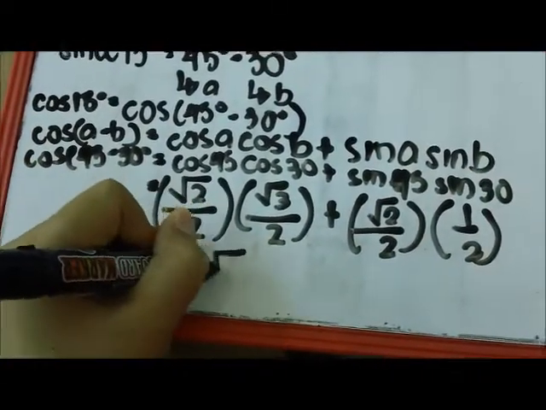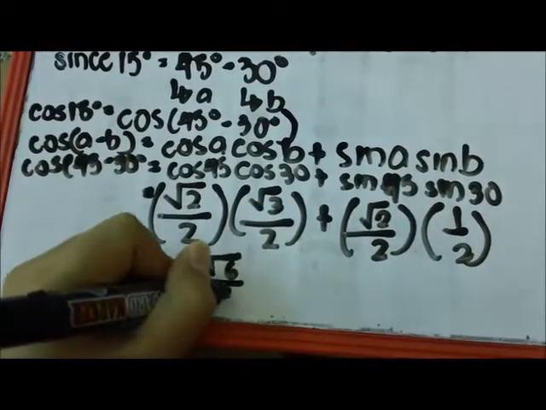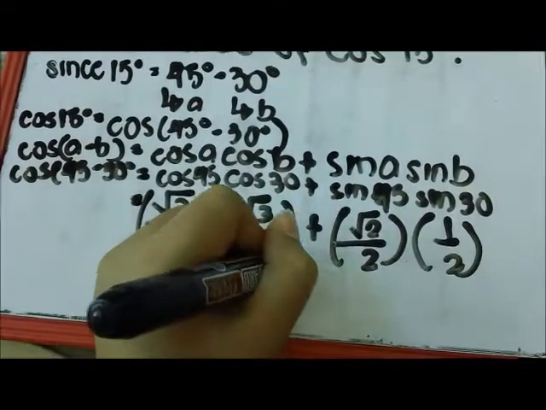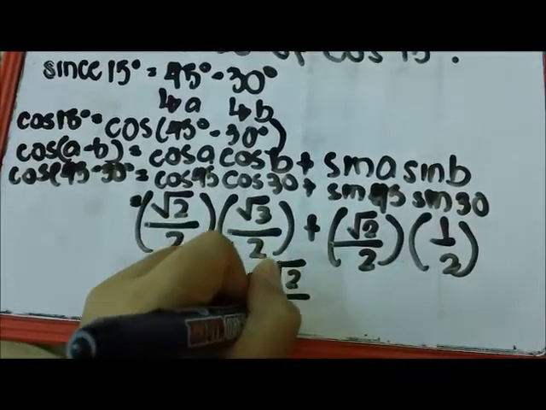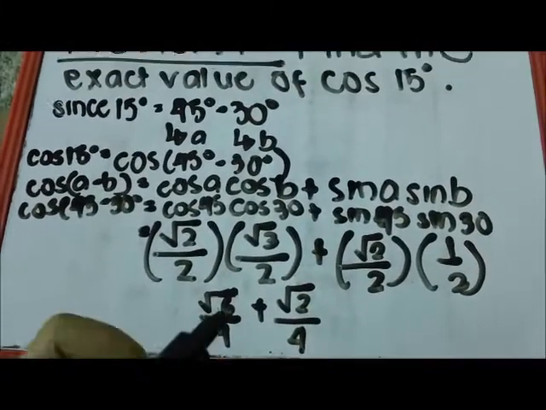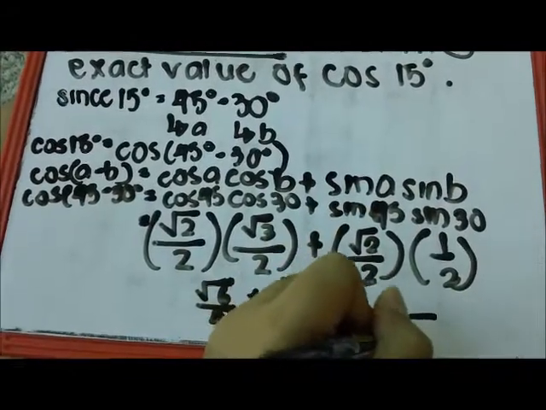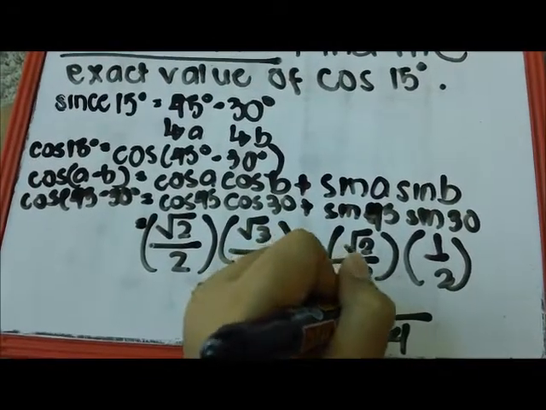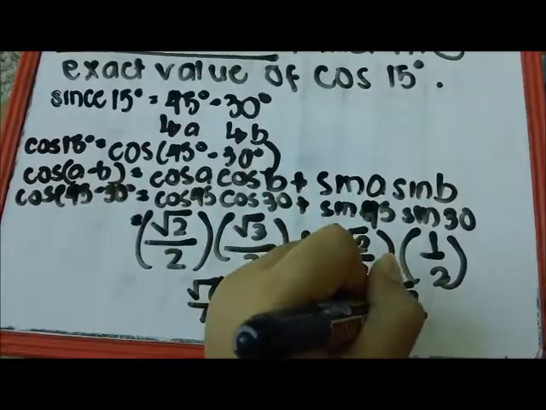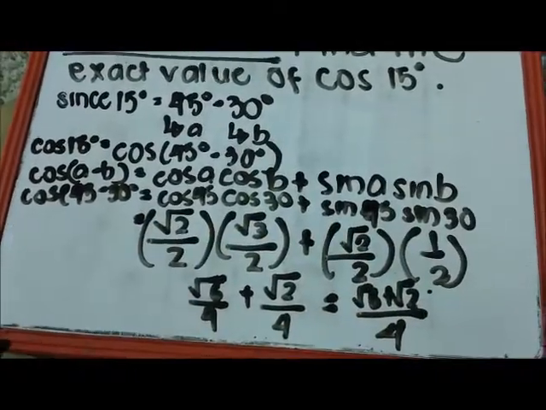After that, we'll be getting square root of 6 over 4 plus square root of 2 over 4. And we can join them together with one denominator. Finally, the answer would be square root of 6 plus square root of 2 all over 4.